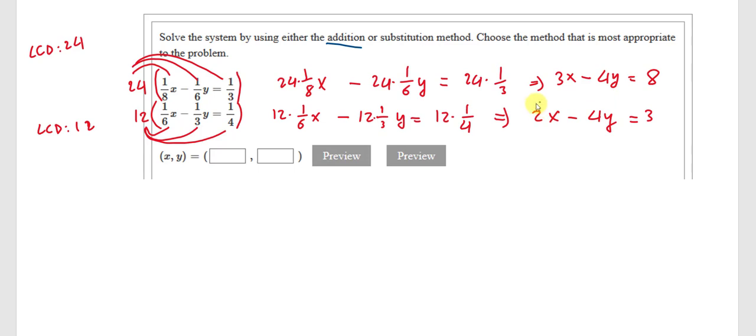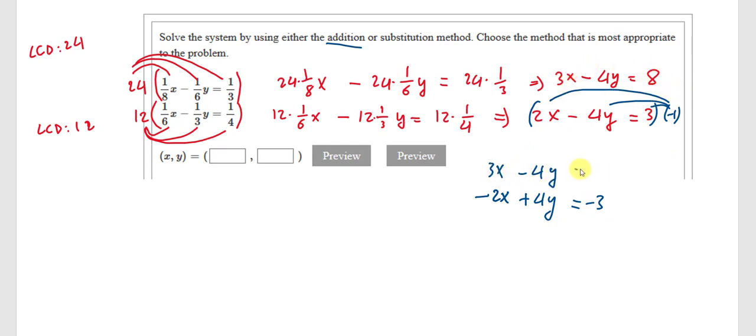So I can multiply the whole bottom equation by minus 1. So minus 1 go here, and then go here. So let's do that. I should have minus 2x, minus 2 minus become plus 4y, minus 3 give me minus 3, and then I just rewrite the first equation equal 8.